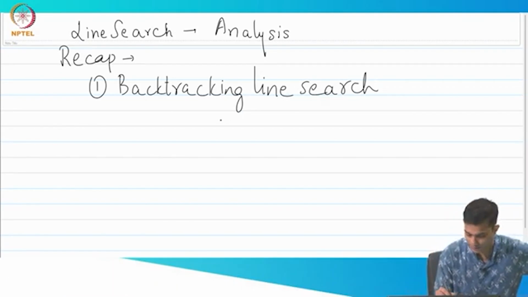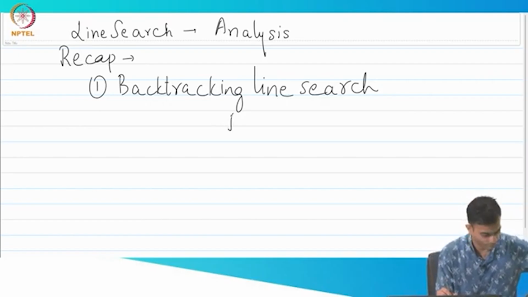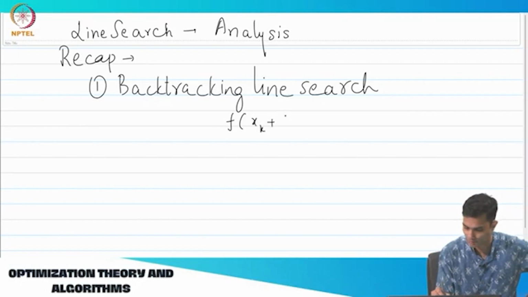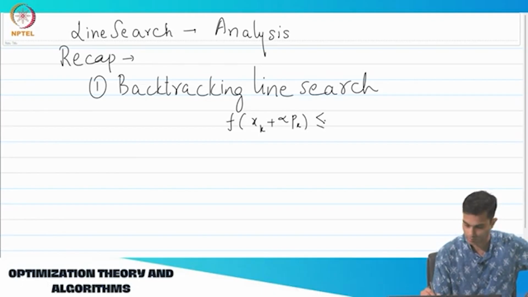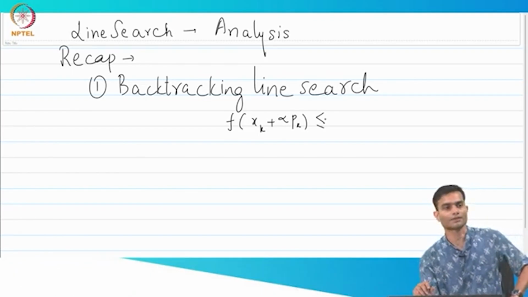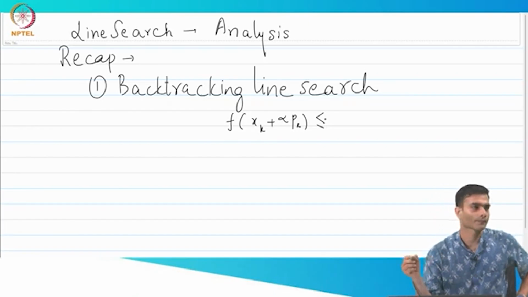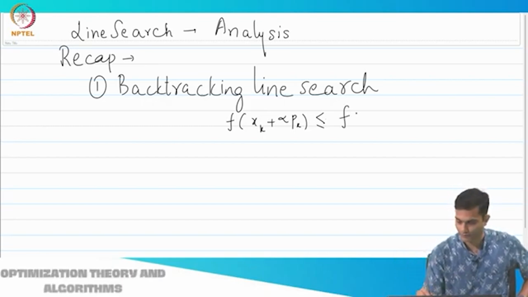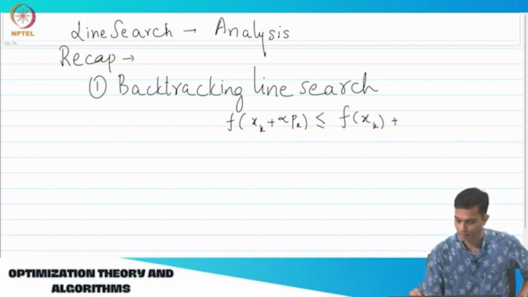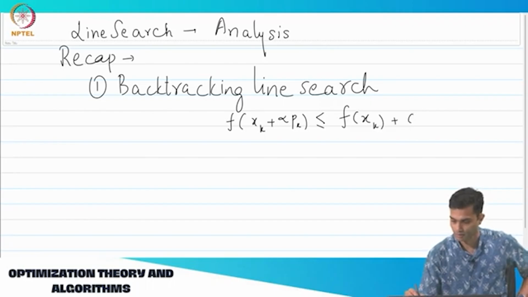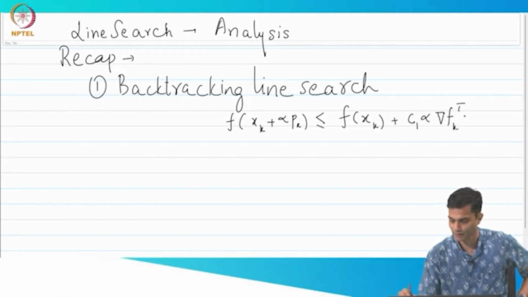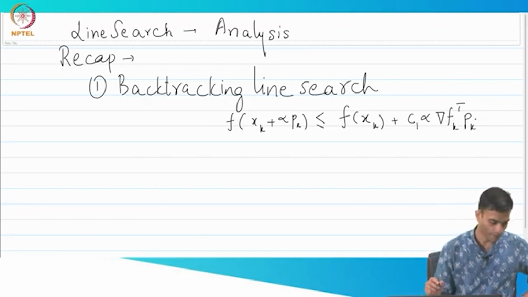Which was basically, I have f of xk plus alpha pk. If I am taking the sufficient decrease condition, this function value should be less than what? Right. So f of xk plus c1 alpha grad fk transpose pk, right?